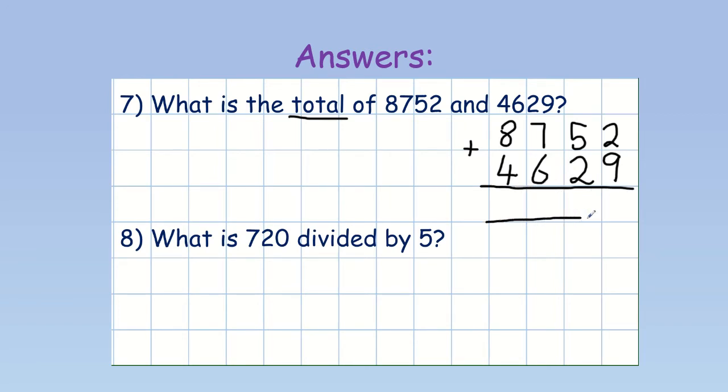So we'll start with our ones as always. 2 add 9 gives us 11. 5 add 2 is 7. Add the one you carried gives you 8. 7 add 6 gives you 13. And 8 add 4 is 12. Add the one you carried, 13. So there's your answer.